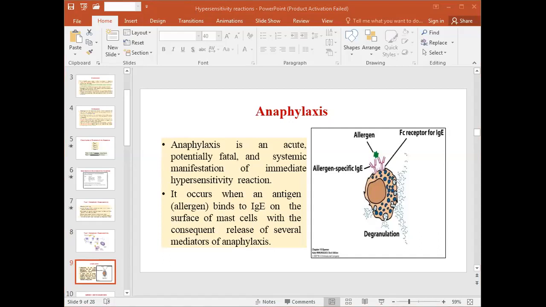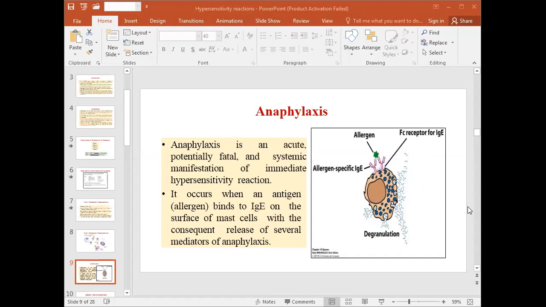The time course of anaphylaxis depends on the route of antigen delivery. If antigen is delivered systemically to a sensitized individual, for example through a bee sting or intravenous drugs, anaphylaxis ensues rapidly. When antigen is absorbed through the skin or gastrointestinal tract, the onset of anaphylactic symptoms may be slower, for example with latex or peanut allergy.